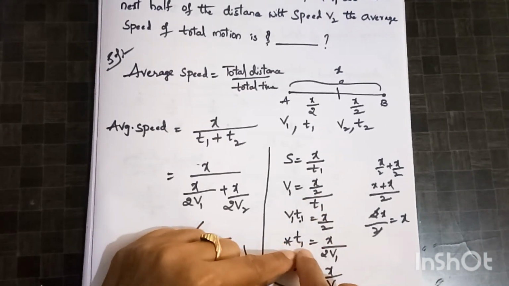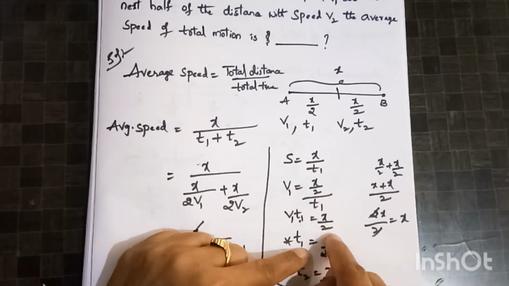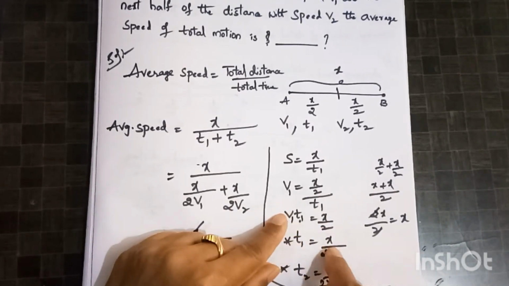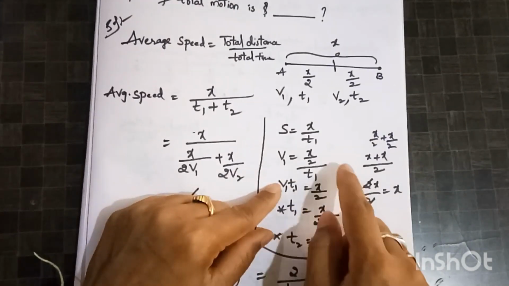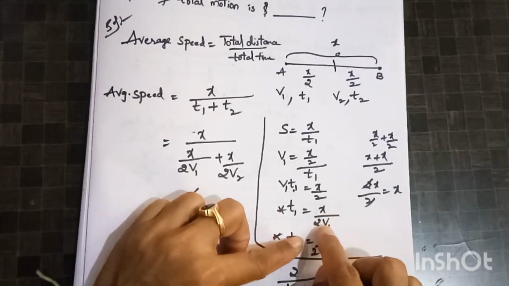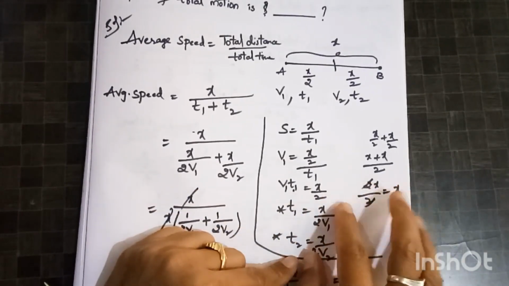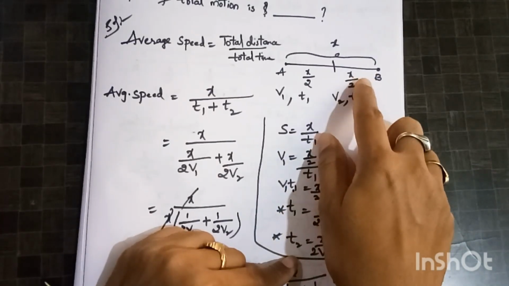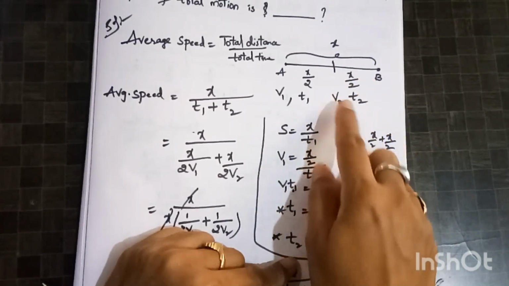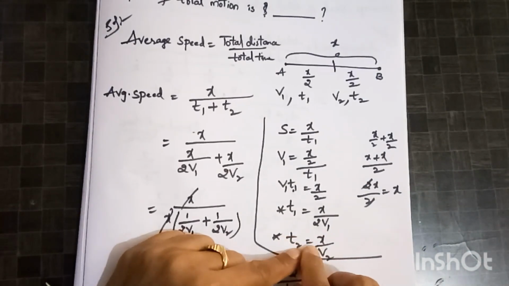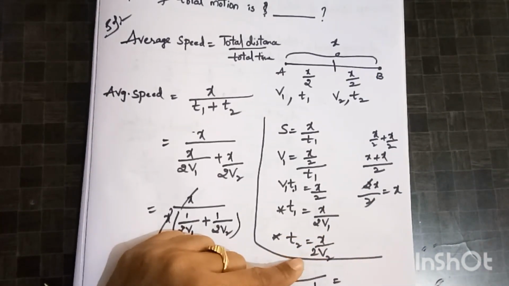Now t1 equals x by 2 divided by v1. Here v1 is multiplying, so as I send it to the right hand side it will divide. The t1 value is x by 2 v1. Similarly for the second half distance, x by 2, with time t2 and speed v2, we get t2 equals x by 2 v2.